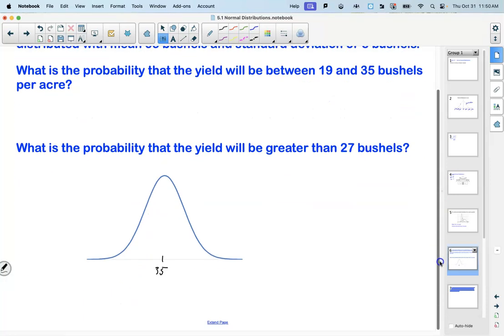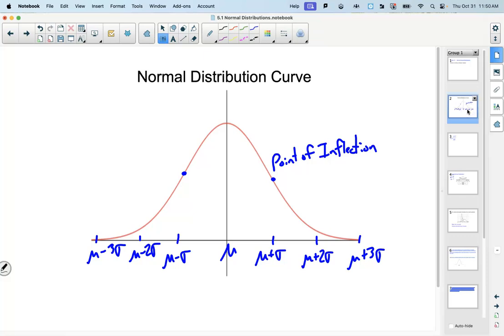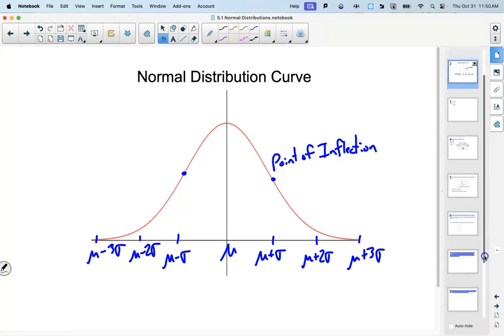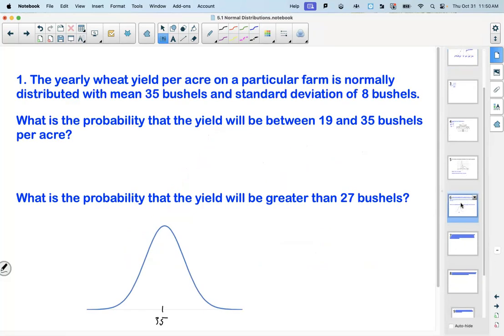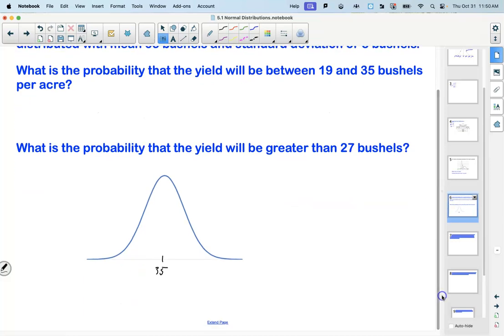Now remember how the standard deviations head out to the right and to the left, by one standard deviation, one step. When I look at my standard deviation of 8, recall that the point of inflection, which is about there, tells me that is one standard deviation from the mean.